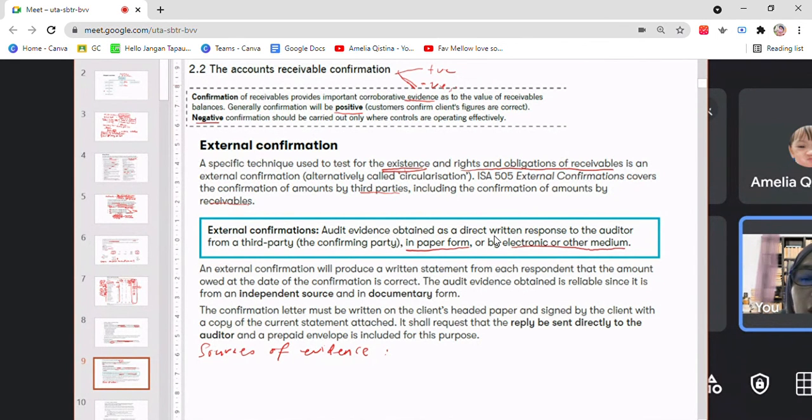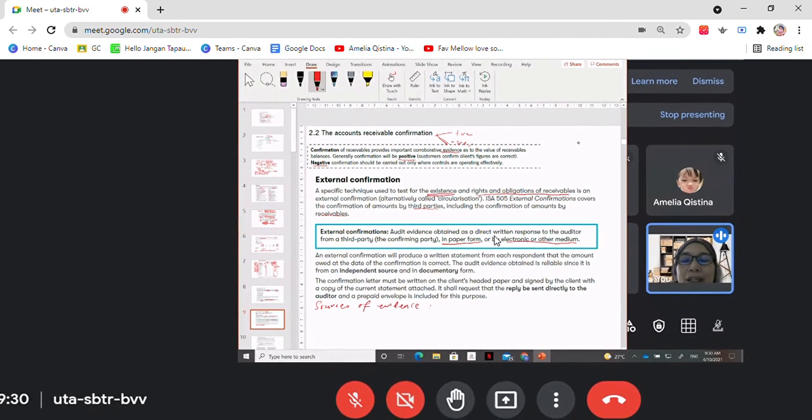Okay, I help you, Naim. When the auditor sends a confirmation letter, what category of sources of evidence is gathered by the auditor?